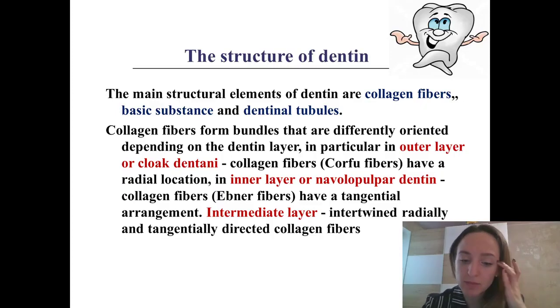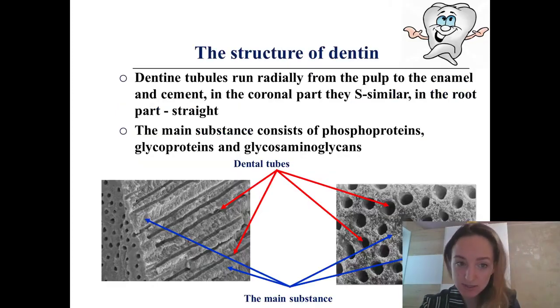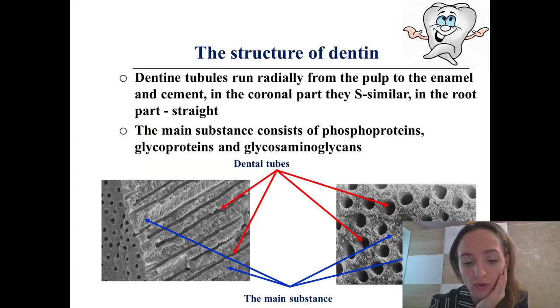Dentin formation, or dentinogenesis, is accomplished by cells that we call odontoblasts.